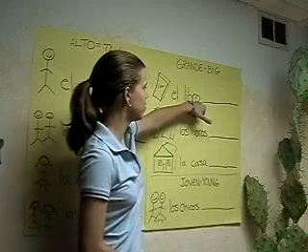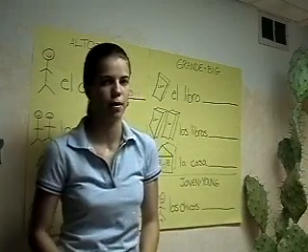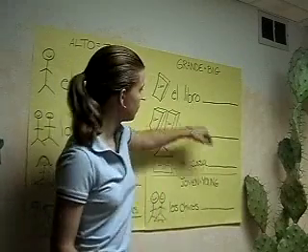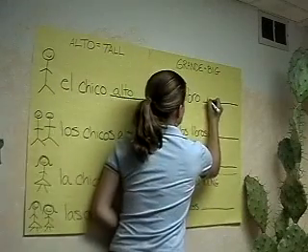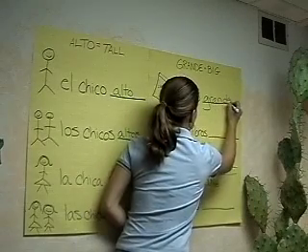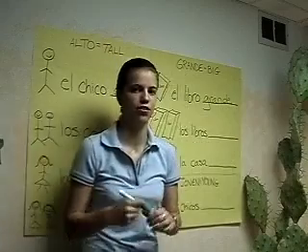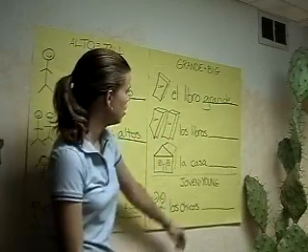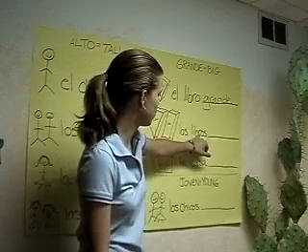Does not end in an S, the word ends in an O, so it's singular masculine. We're going to use the singular masculine form of the adjective, which is the same, grande. The standard form of the adjective, the form that you see in the dictionary, tends to be the singular masculine form. Next we have los libros.